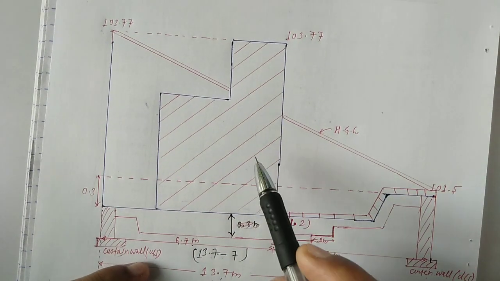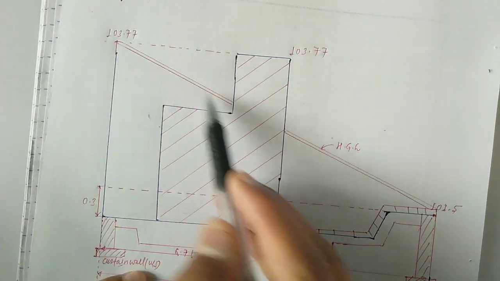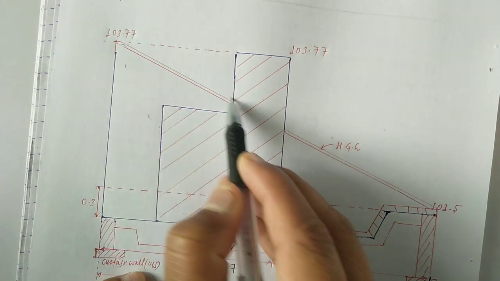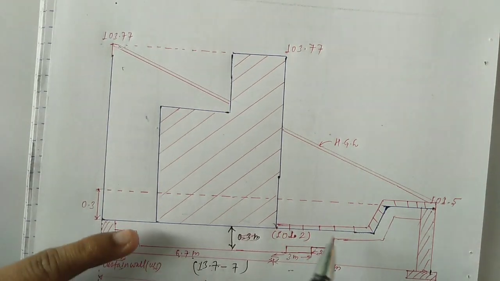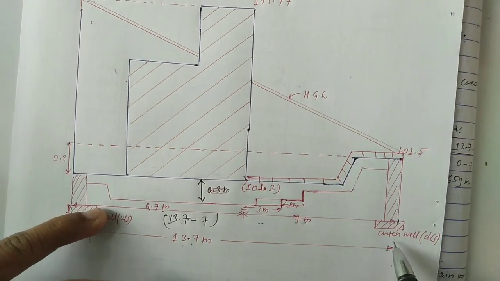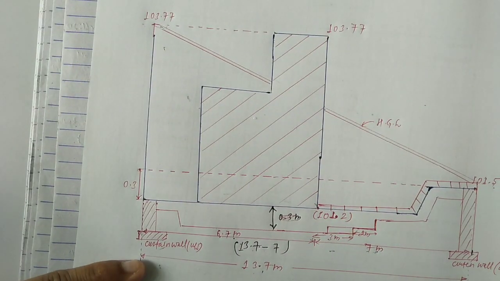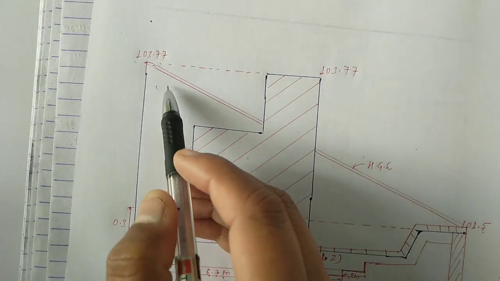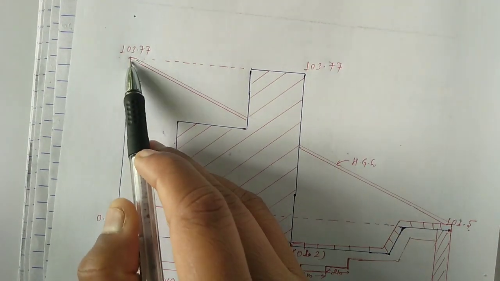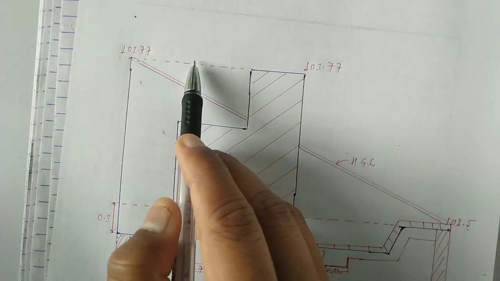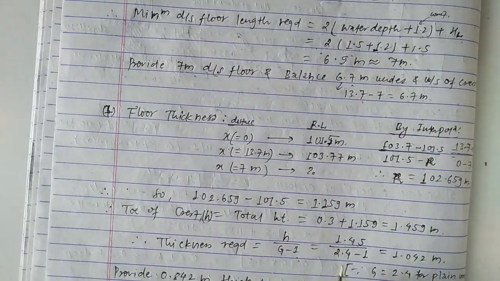This is our crest, and in this triangle we already calculated the RL of the downstream curtain wall as 101.5 meter, and the RL of the upstream curtain wall as 103.77. This value is taken equal to the top of the crest, and we already calculated the RL of the top of the crest as 103.77.